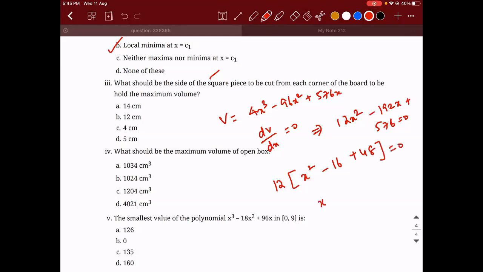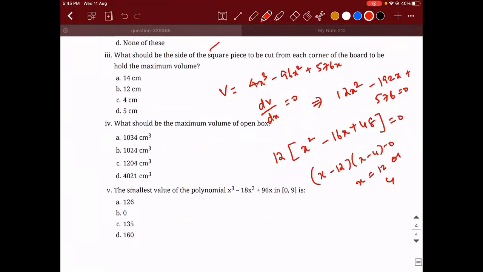So this is x square minus 16x plus 48. What are all the multiples you have for 48? 12 and 4. So x minus 12 into x minus 4 will be equal to 0. So x should be equal to 12 or 4.